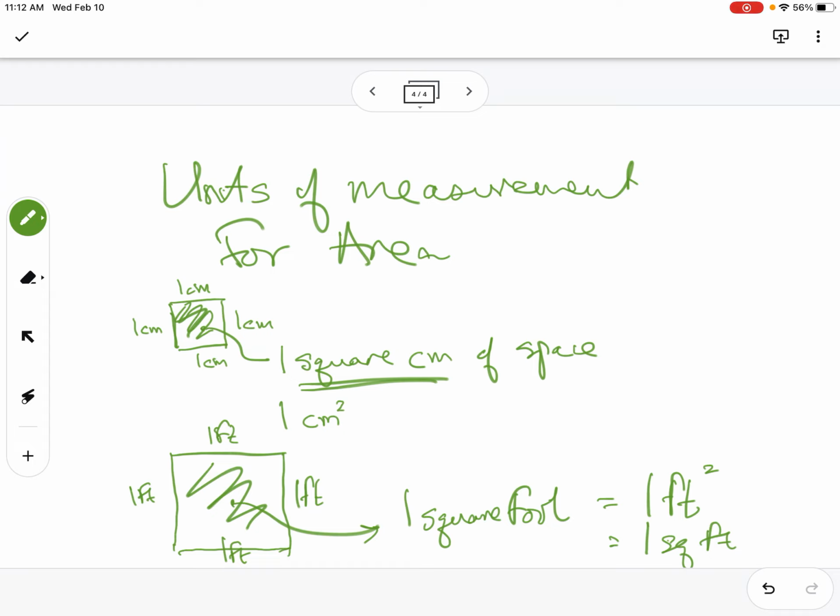Now, if we're measuring the space of, let's say, a region, like Waterloo region, then we might need a much bigger square.